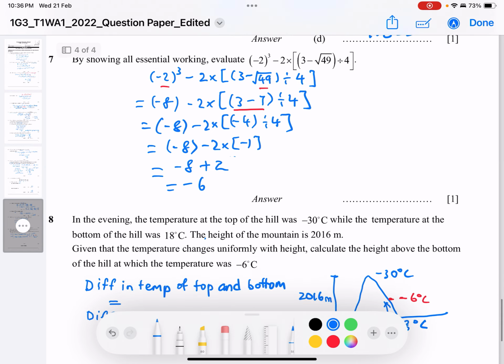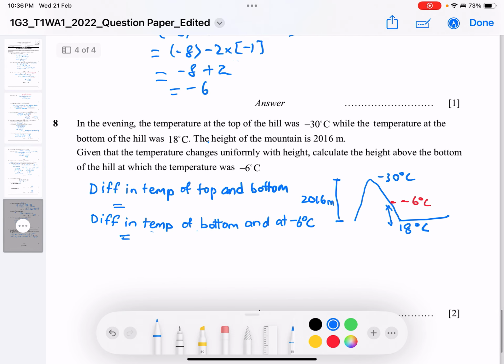For the last question, we have differences in temperature on a mountain, and we have to find the temperature at negative 6 degrees. We are given that the temperature at the bottom is 18 degrees and at the top is negative 30 degrees, and this mountain is 2016 meters tall, and we have to find out what is the distance when it is at negative 6 degrees.